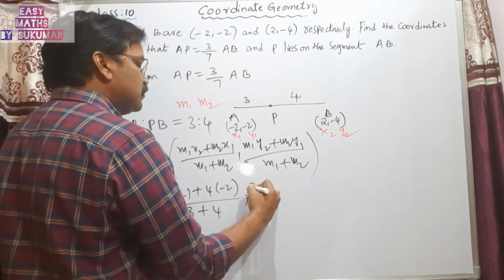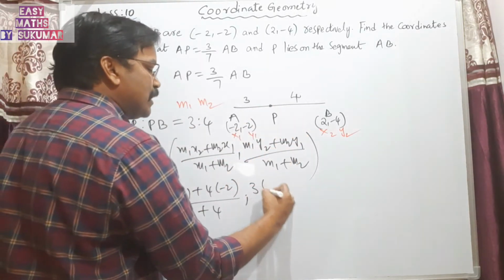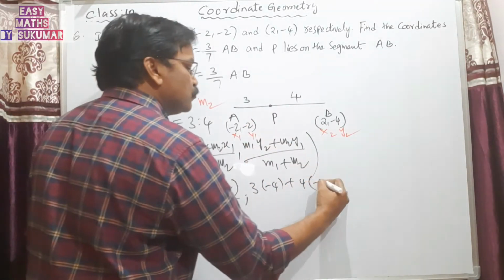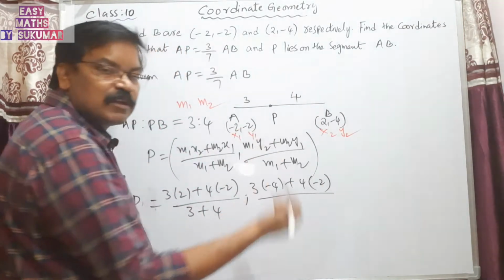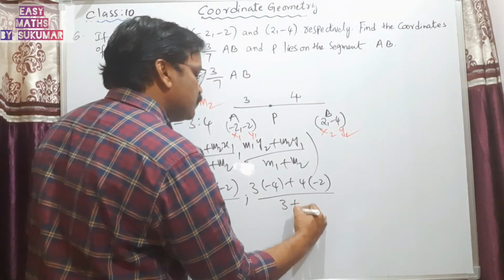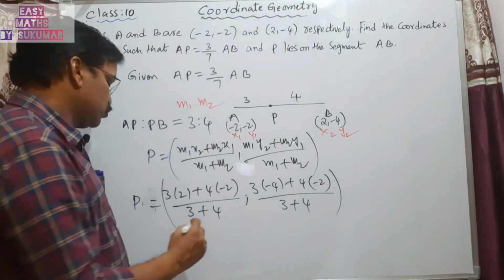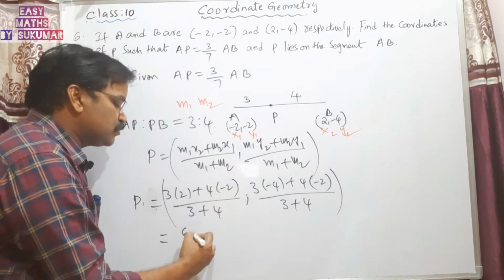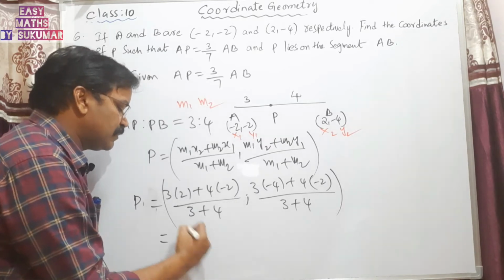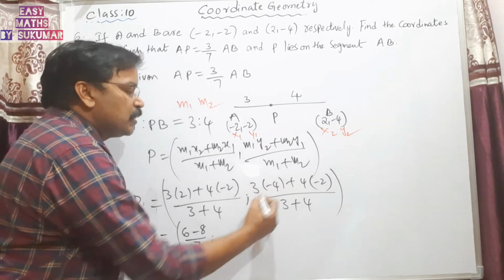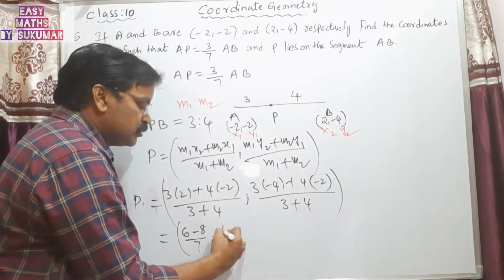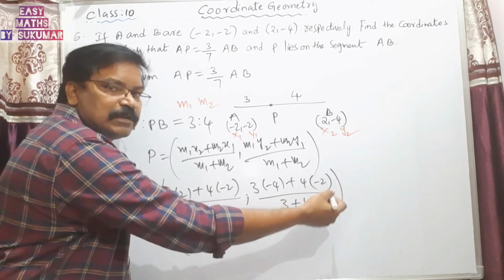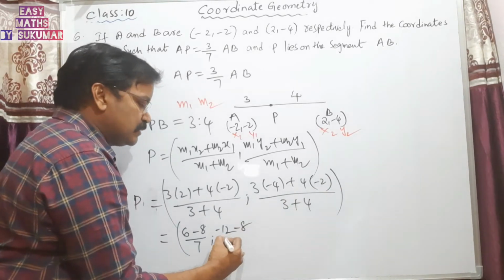What is M1 here? 3 into y2 is minus 4, plus M2 is 4 into y1 is minus 2, by M1 plus M2, that is 3 plus 4. Okay, so this is equal to, students, 3 2s are 6, plus into minus, minus 4 2s are 8, by 7, comma, 3 4s are 12, so this is minus 12, minus 8, by 7.